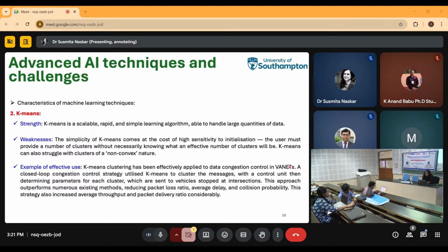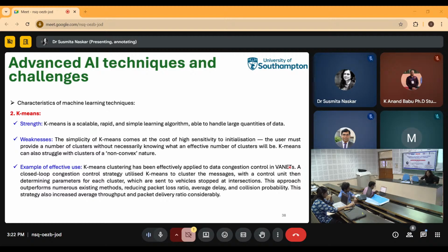So basically, if you look into the strengths, weaknesses and the example, you can see that k-means is very fast, very simple, scalable, and a learning technique that excels in grouping large data sets. It does have some limitations: it is sensitive to initialization, you need to predefine the cluster number in advance, and it has difficulty with non-convex clusters, which must be carefully managed when we are talking about real-life data.